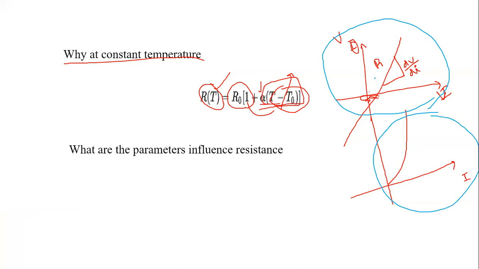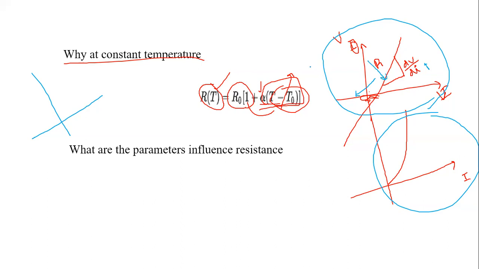Let me take the same concept again. For example, I'm taking a material whose resistance is very low, which means the current is very high, because the denominator is high, and only then will the resistance value be low.